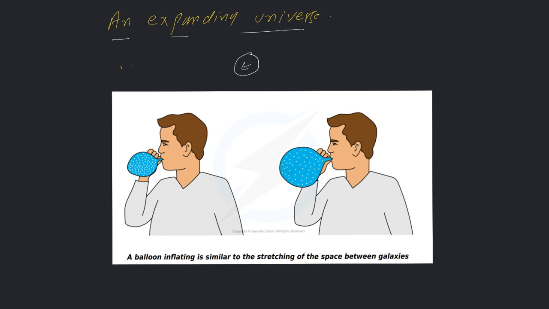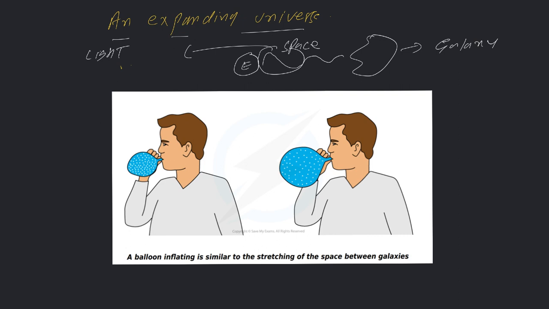If you have here the Earth and here a distant galaxy, and this is the space between them, then according to redshift, the light received at the Earth's surface from a galaxy is stretched. The light wave is stretched, which means its wavelength increases. So the galaxy is moving away from us.